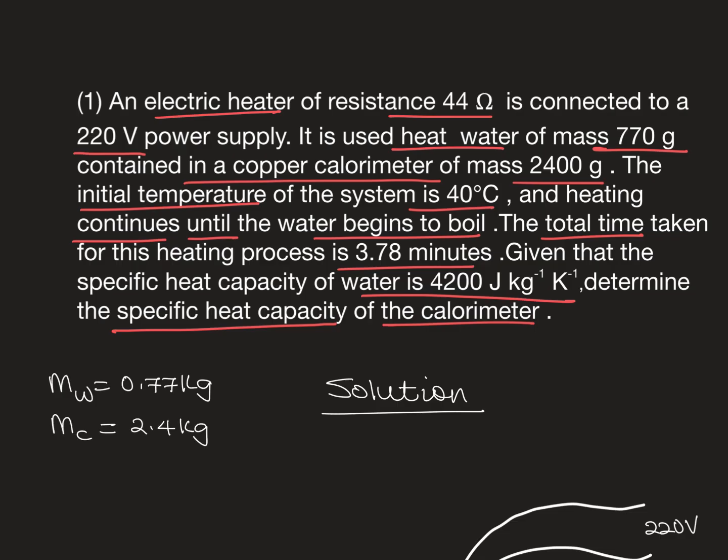We are given in the question that the specific heat capacity of water is 4,200 joules per kilogram per Kelvin. The question is asking us to find the specific heat capacity of the calorimeter.